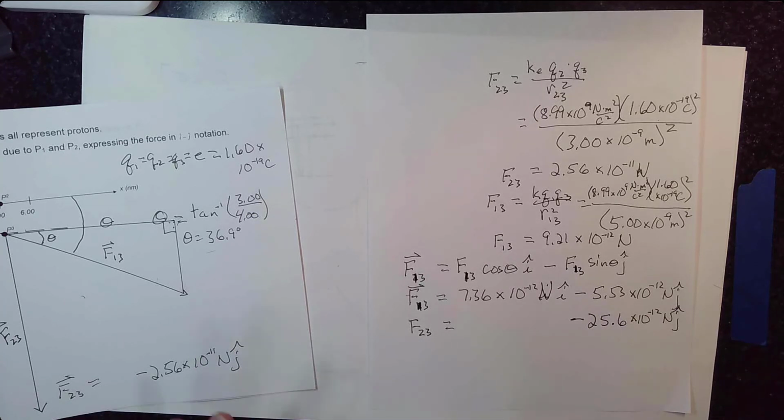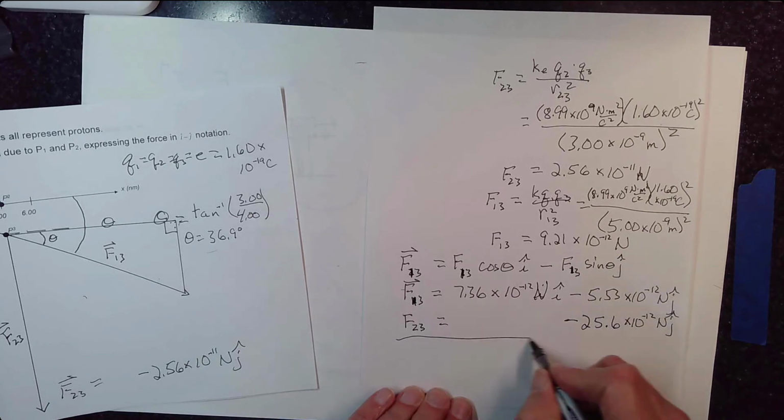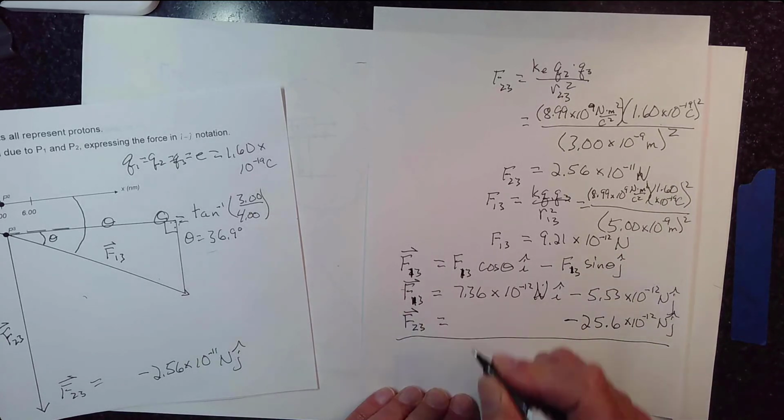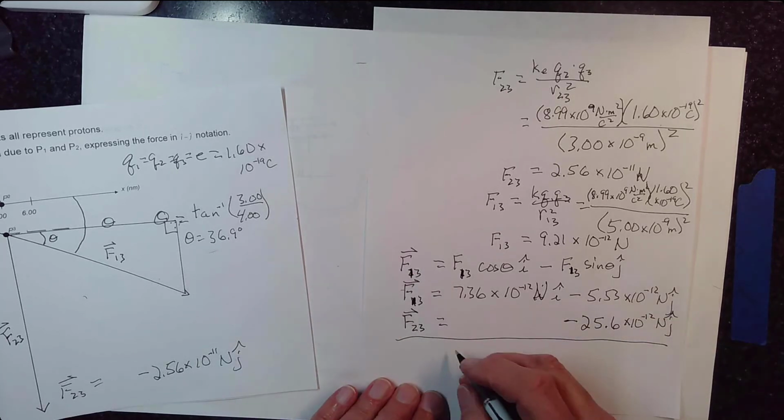So you can wrestle with that little transition if you want to, but the net force on this thing in i hat j hat notation I just get by summing these things up.